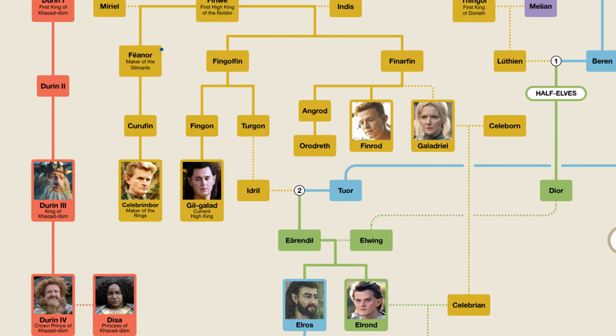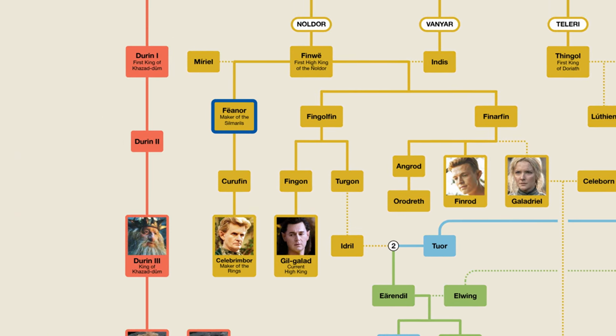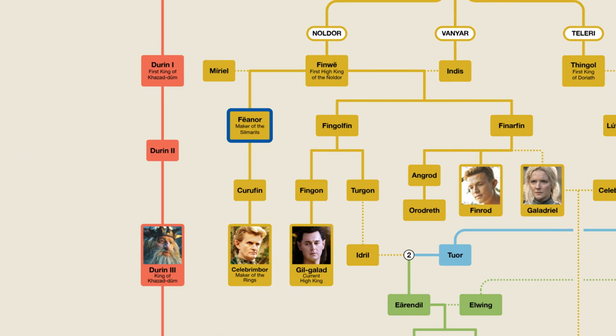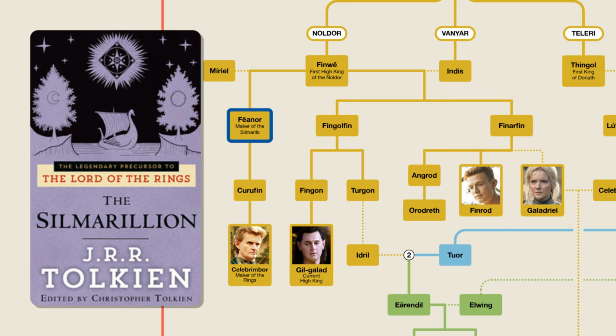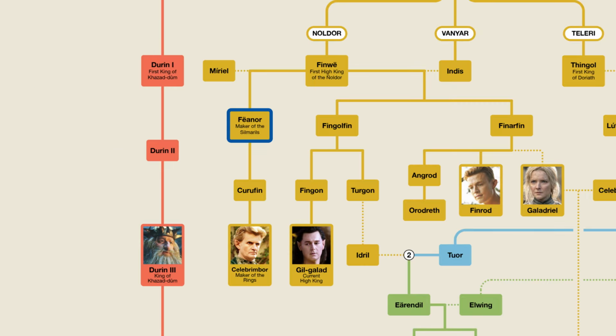Earlier, I mentioned Feanor, the firstborn child of Finwë. He became a great craftsman and created a set of 3 jewels called the Silmarils. The novel, The Silmarillion, which is sort of a prequel to The Hobbit and The Lord of the Rings, tells the story of these jewels and how they were stolen by the evil Lord Morgoth, who we'll talk about in a bit.